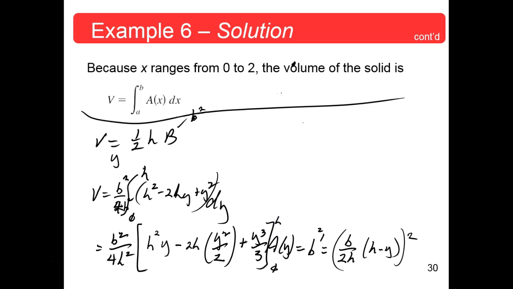Now, the volume is equal to b squared over 4h squared times, and this will be h cubed minus that 2 and that 2 go out, and that's another h cubed, isn't it?